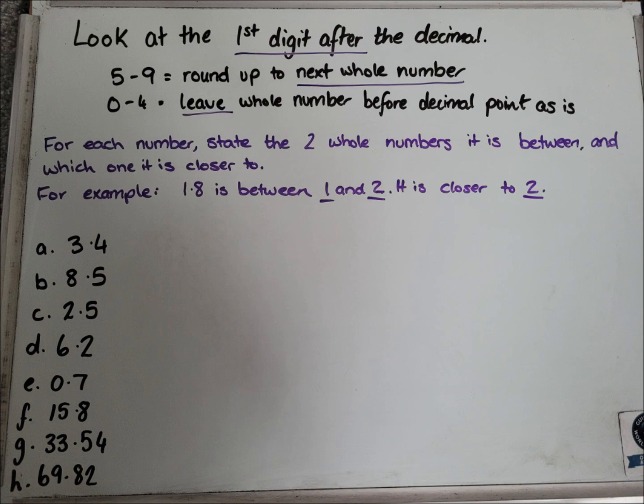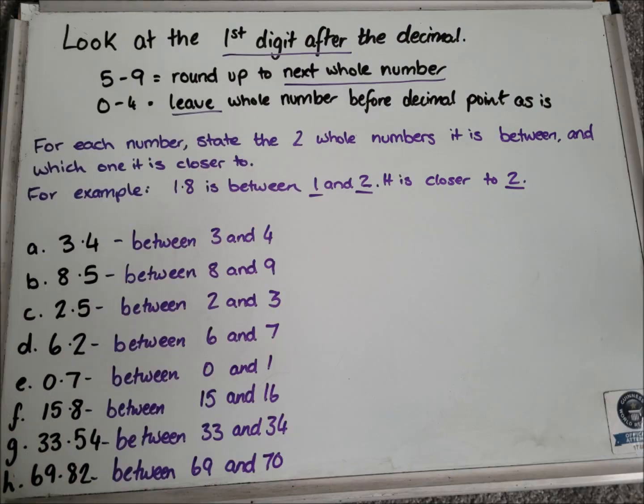Okay, so let's have a look at what whole numbers these numbers are between. So for A it is between 3 and 4, for B it's between 8 and 9, for C it's between 2 and 3, for D it's between 6 and 7, for E it's between 0 and 1, for F it's between 15 and 16, for G it's between 33 and 34, and for H at the bottom there it's between 69 and 70.